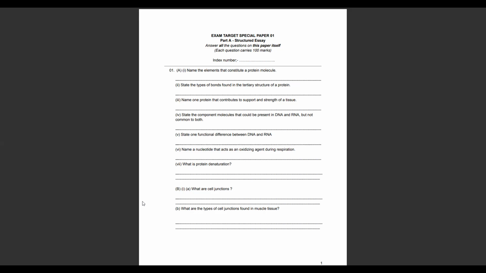Gap junctions are also called communicating junctions. Now, I told you there are 3 types of cell junctions. Anchor junctions, gap junctions, right? So, gap junctions are mainly found in the heart muscle, right?